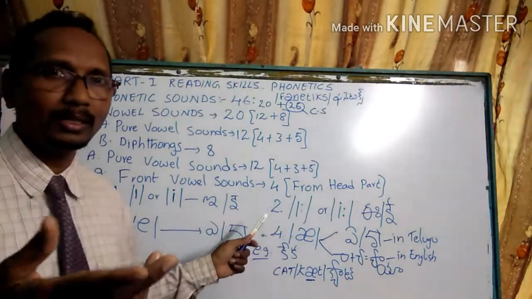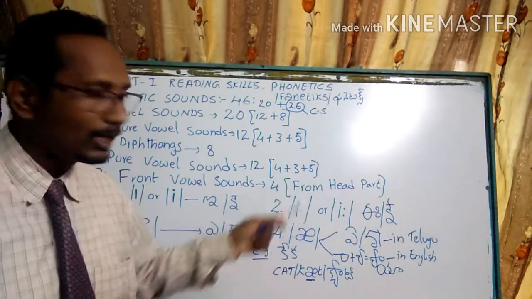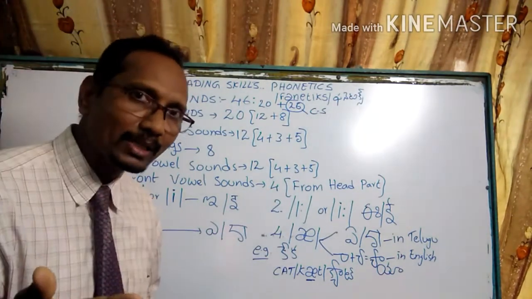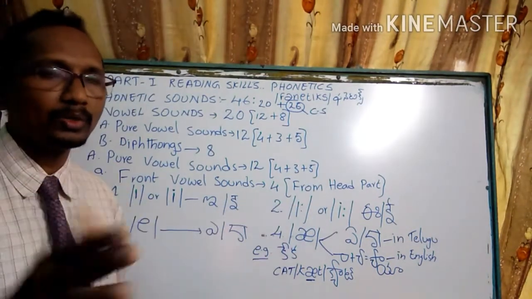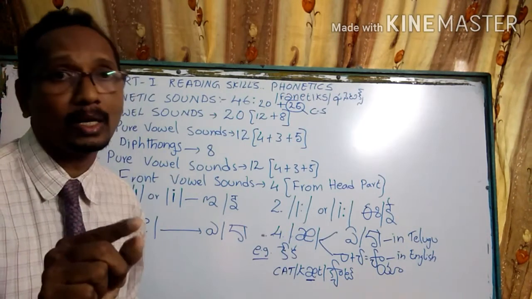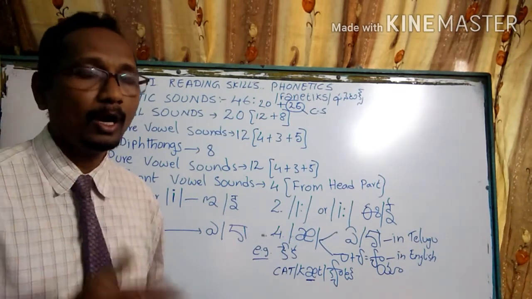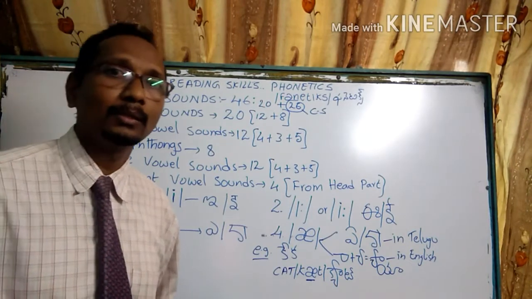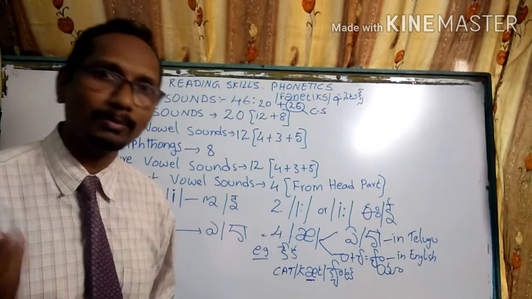The next class we go to 3 and 5 central vowel sounds and back vowel sounds. We go to another class. Please go through and write down clearly. When you have offline classes, in the sense the classroom, there you can ask me some doubts.